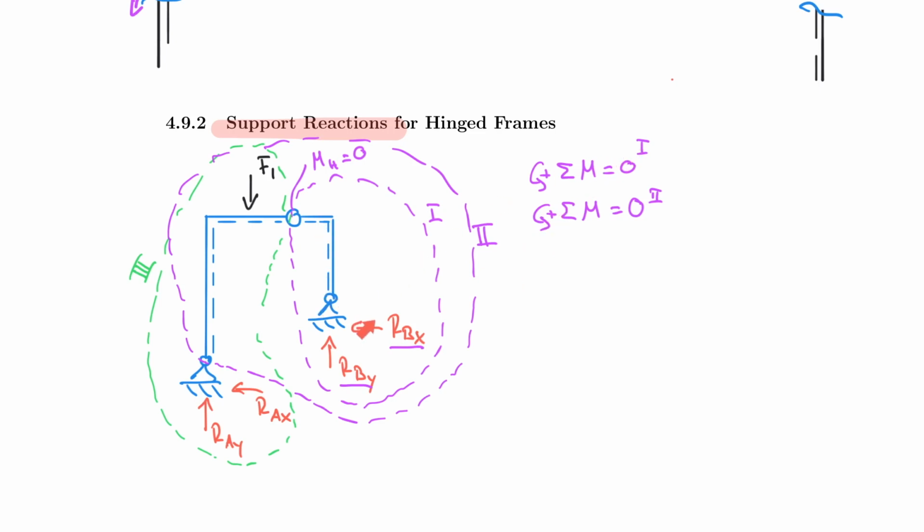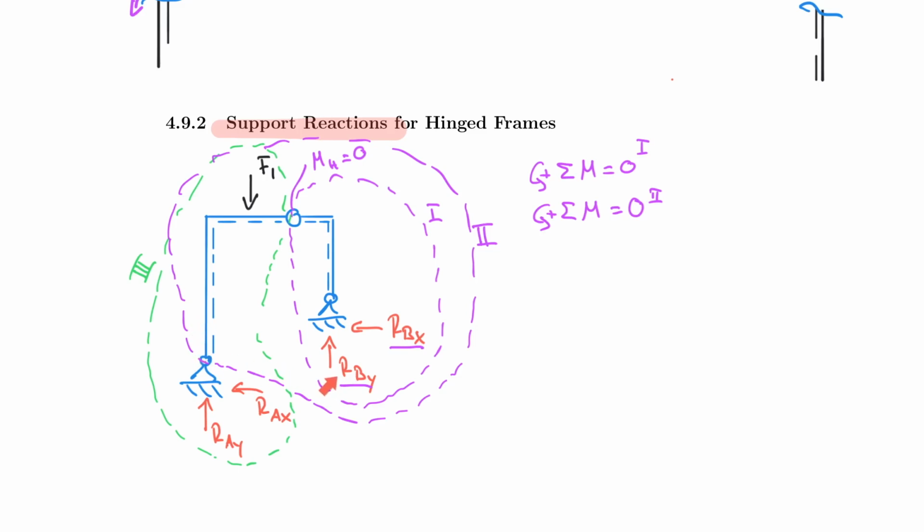And now in equation 2, we would take the sum of the moments about this point here, effectively about A. We would take RBX times the vertical distance from here to here. You will see that in an example that we will solve in a second. So again, RBY has a line of action that passes through here, and so that distance would be relevant.